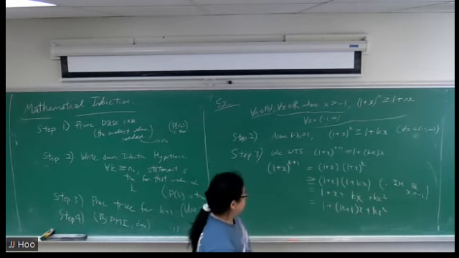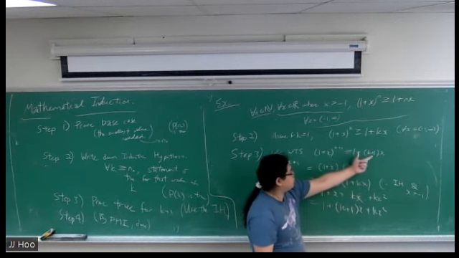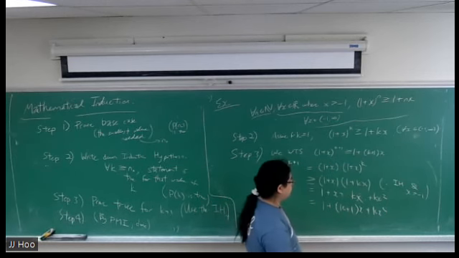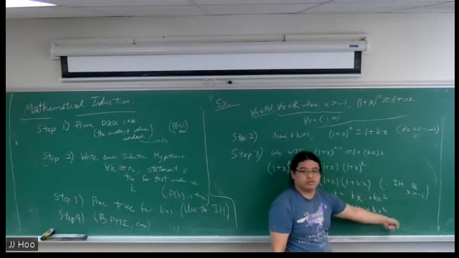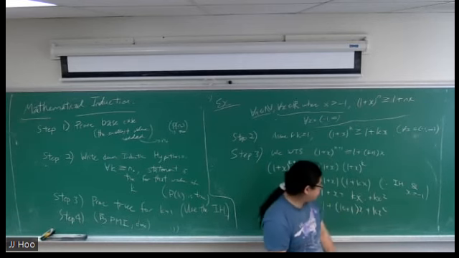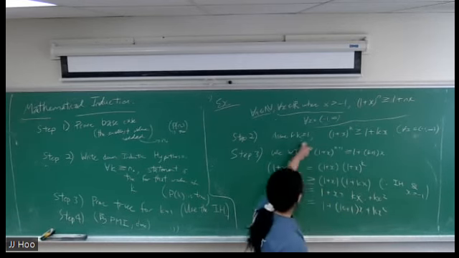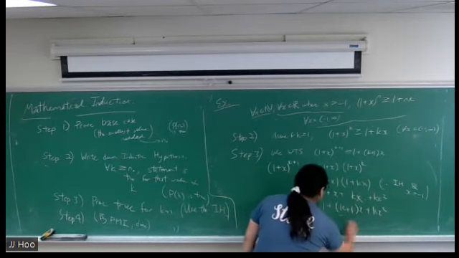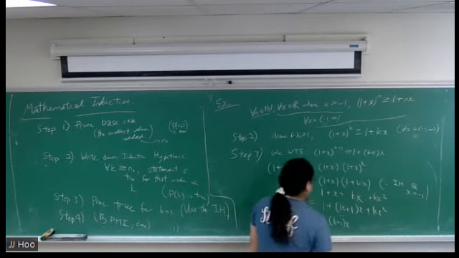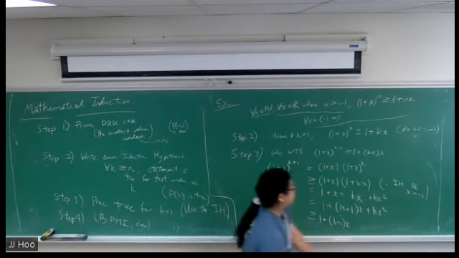Well, I've got 1 plus (k plus 1)x, which is what I want to show. This term is clearly positive because it's an x squared, and x squared is always positive. K I picked to be some natural number greater than 1. So this is clearly greater than this part. That's all I need. I can just get rid of this term.